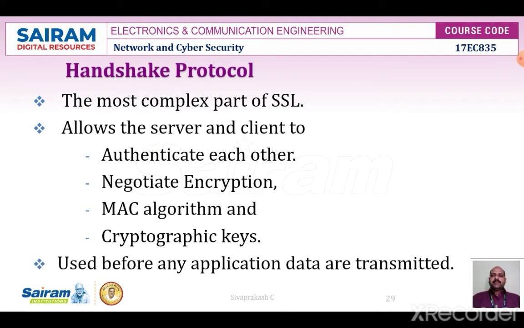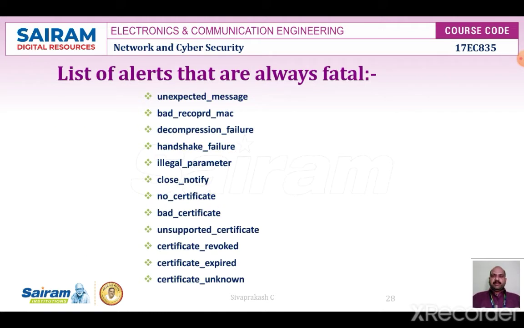First one, unexpected message. An inappropriate message which has been received is called an unexpected message. Second one, bad record MAC. This means an incorrect MAC was received. If the MAC is received in an incorrect format, that gives an alert to the user as bad record MAC.